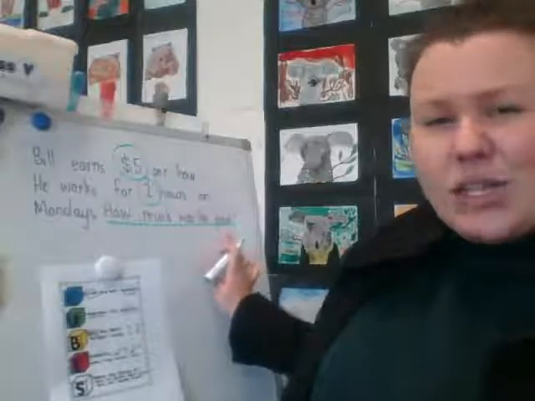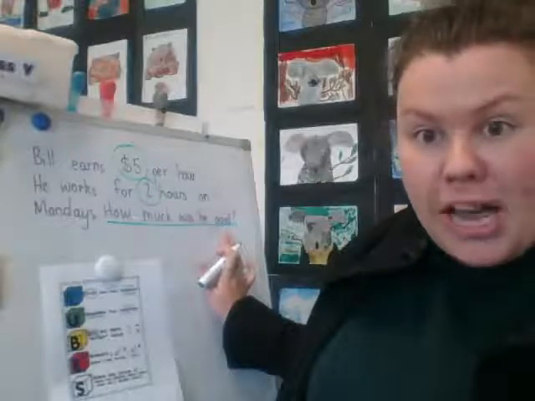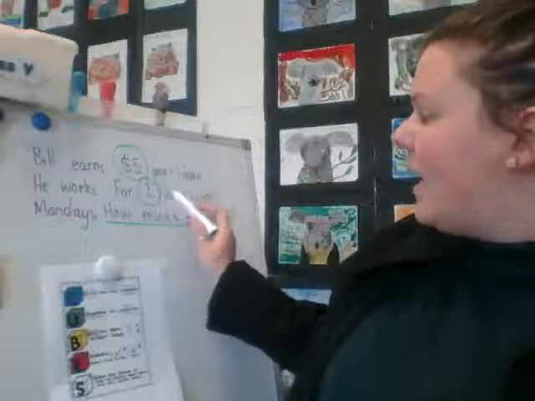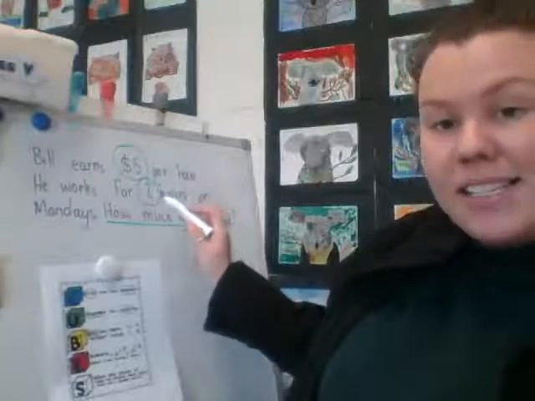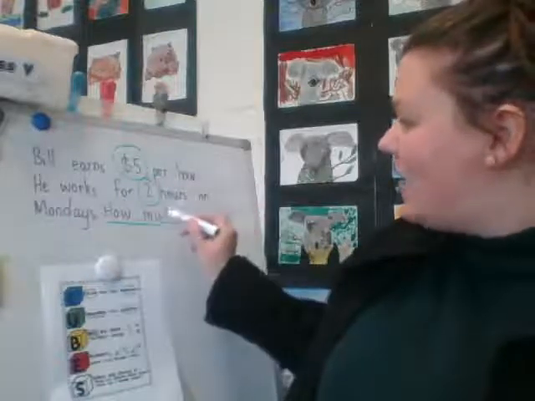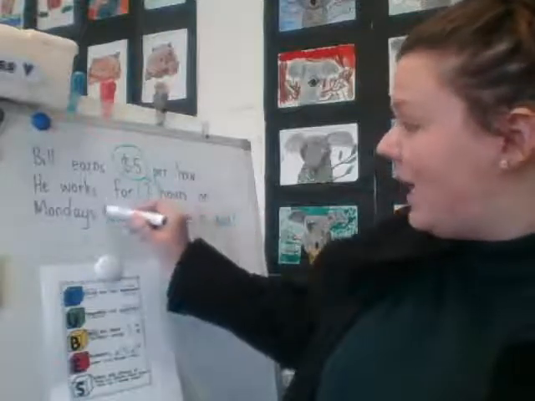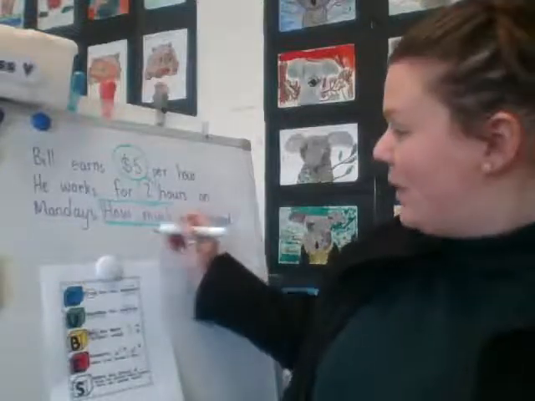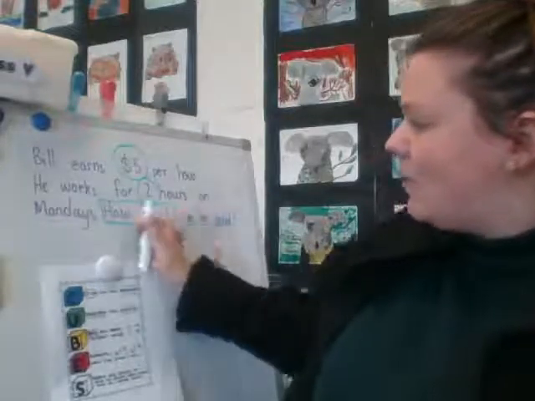There's no word in here to tell me to add or subtract, but I know that if he's paid $5 per hour and he works for 2 hours, we need to figure out how much. So the how much here, and I box it in, that tells me that it is an addition problem. I'm going to put a little plus underneath it because we're trying to figure out how much altogether.